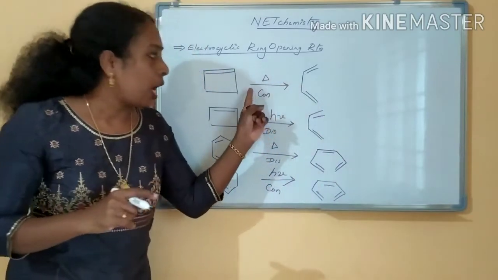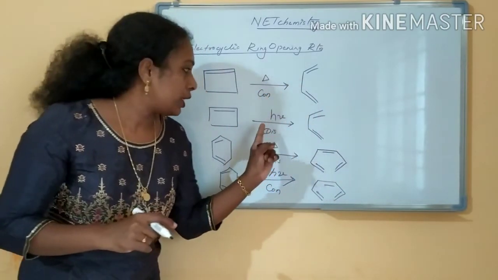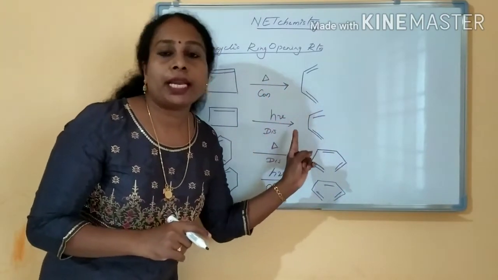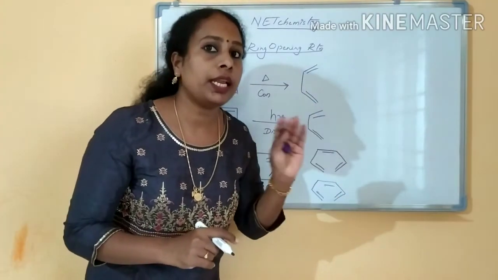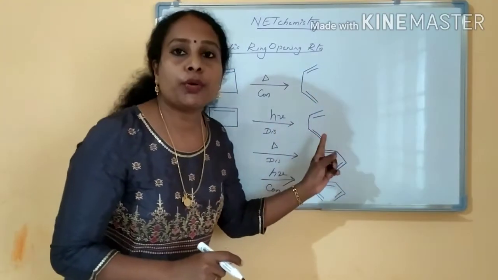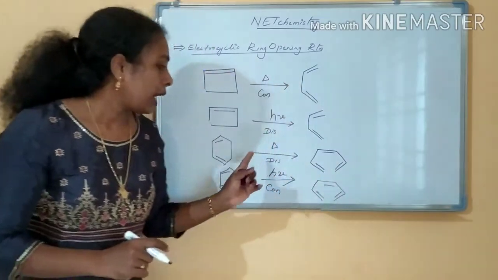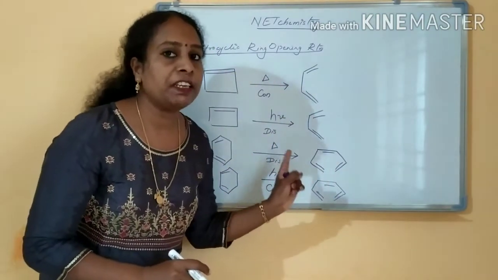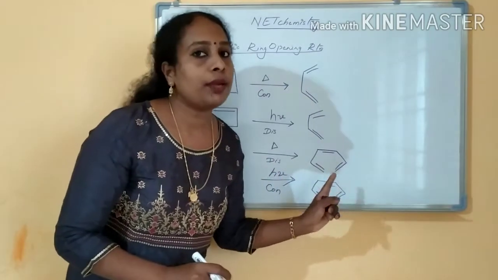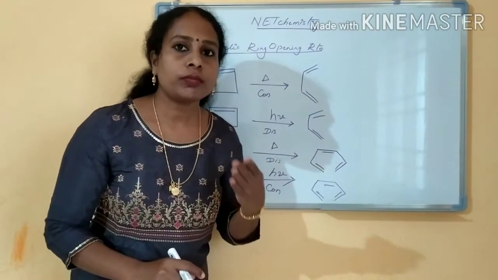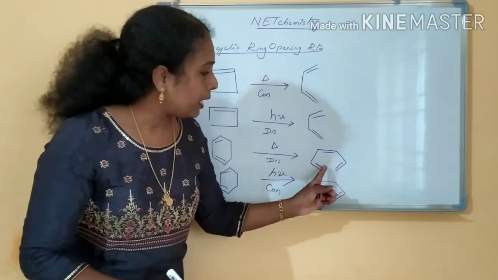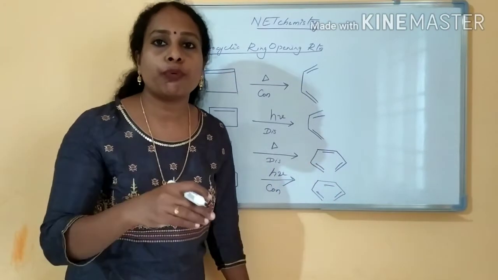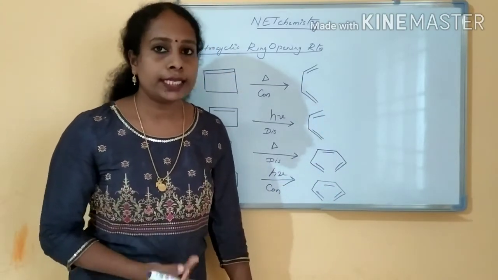For the 4n system, under thermal condition conrotation, and for the 4n system under photochemical condition disrotation will give you the symmetrically allowed product. While ring opening also, the same way you have to take. And for the 4n+2 system under thermal condition, disrotation was giving the symmetrically allowed product. While ring opening also you have to take the same rotatory mode. Is it clear for you?